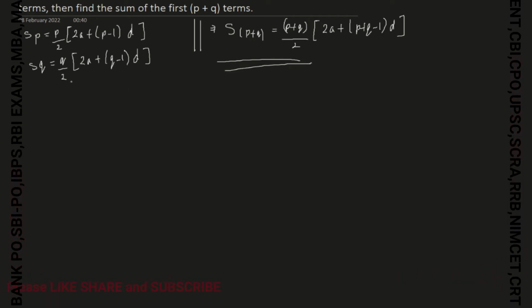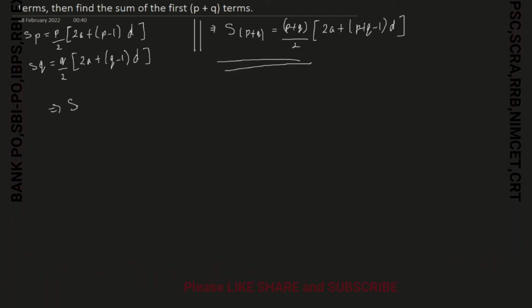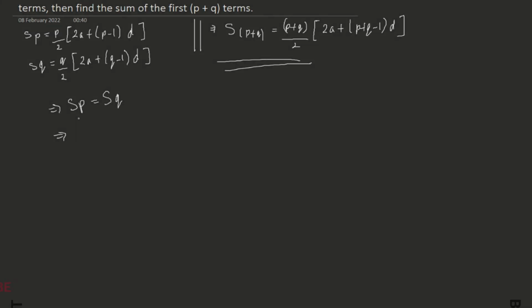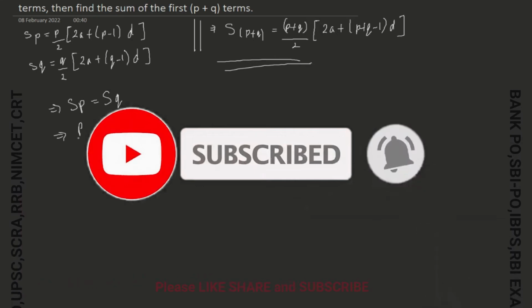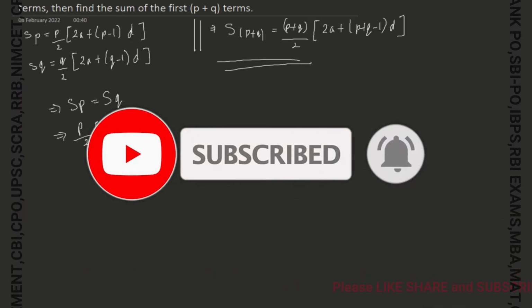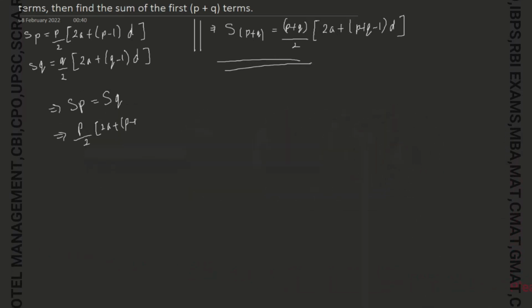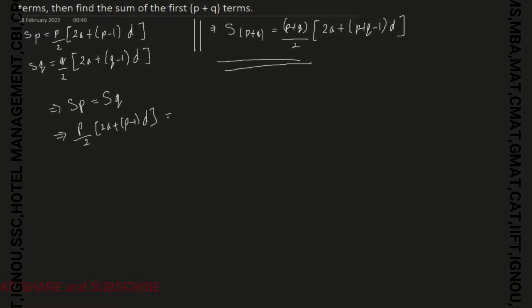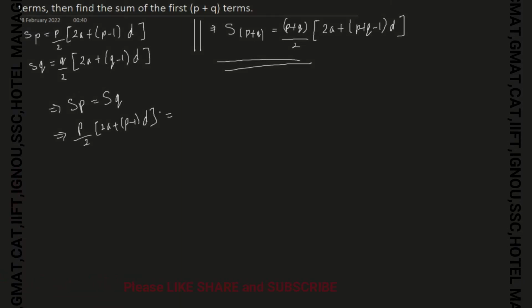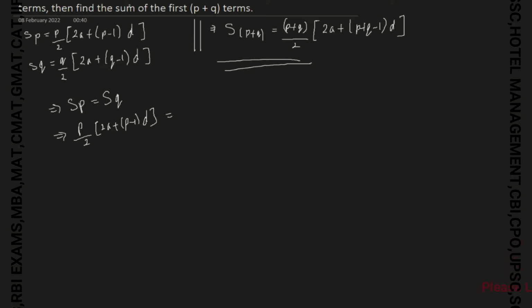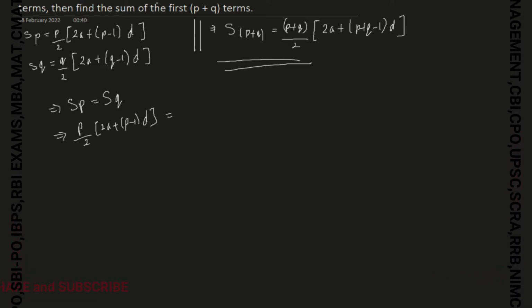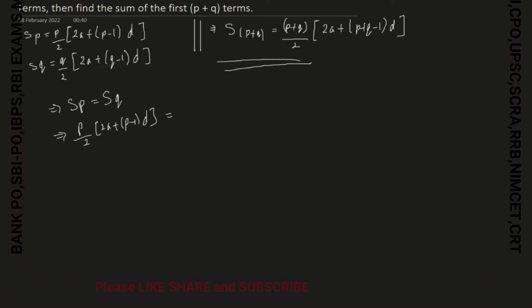First solve between these. As in the question it's given that SP equals SQ. So let's see what these equations give to us. So we'll write P by 2 bracket 2A plus P minus 1 into D. In the previous question A was different for both, but here there is only one AP, the series is only one.